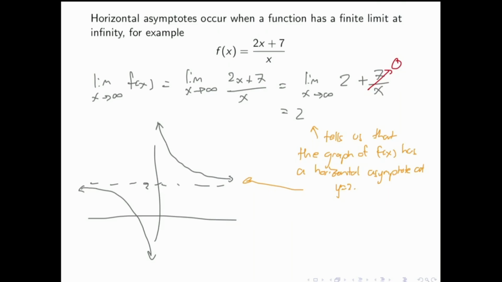Okay, but I want to reinterpret this limit in a slightly different way. I'm going to instead read this as f of x is behaving like the constant 2 near infinity.